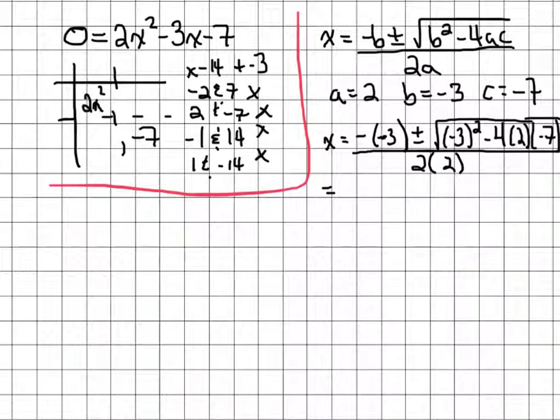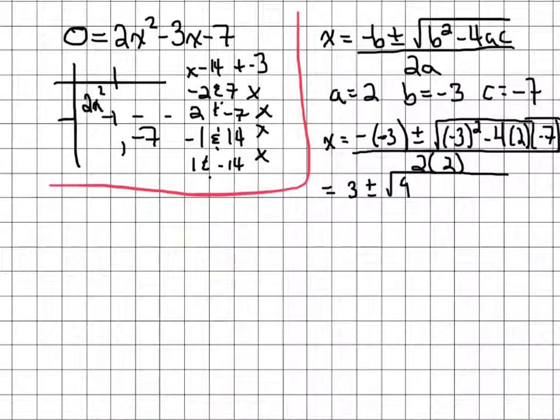All right, that is equal to minus negative 3 is 3, plus or minus the square root of 9. Minus 4 times 2 is minus 8. Minus 8 times minus 7 is minus 56.